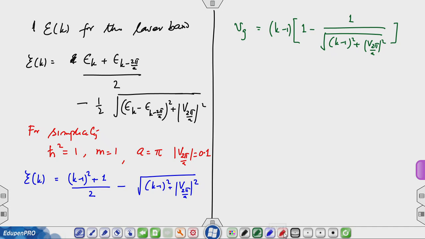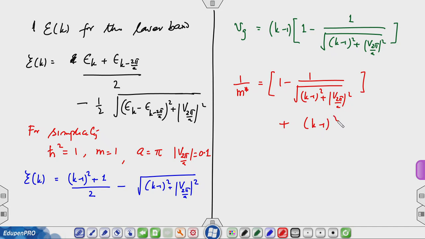And the effective mass, 1 over m star, h cross we have taken to be 1, so it does not matter, 1 over m star comes out to be 1 minus 1 over square root of k minus 1 whole square plus mod v 2 pi by a whole square, plus k minus 1 whole square divided by k minus 1 whole square plus mod V g whole square raised to 3 by 2.